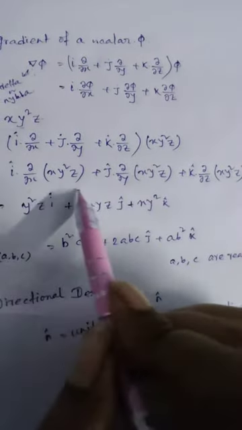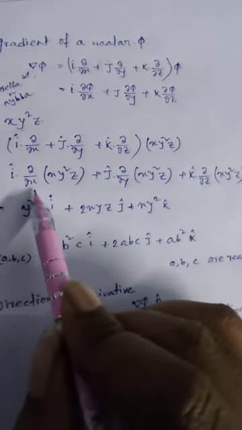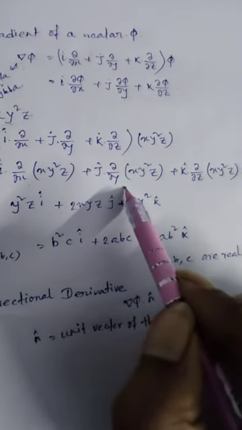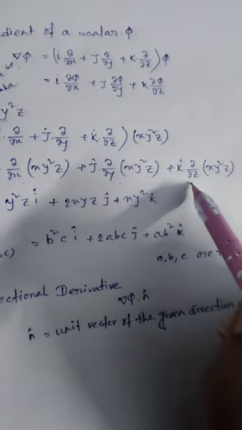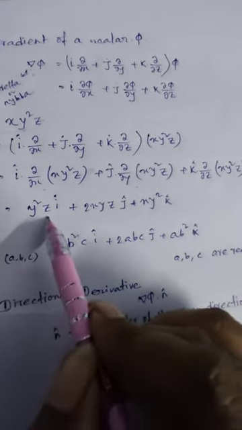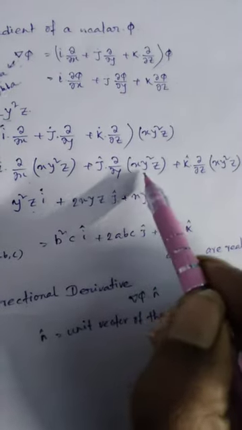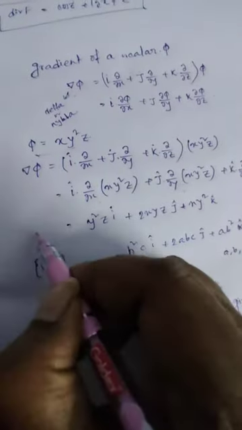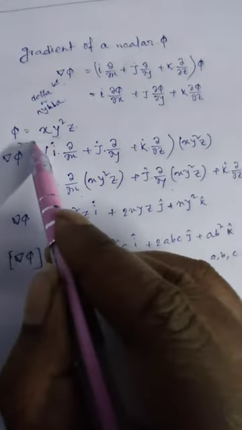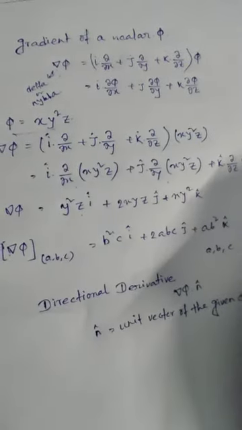So now we have to find the partial derivative with respect to x, here with respect to y, and here the partial derivative with respect to z. So here we get y squared z i cap plus 2xyz j cap plus x y squared k cap. So this is the gradient function of the scalar function phi is equal to x y squared z.